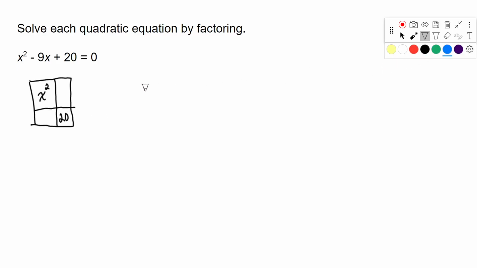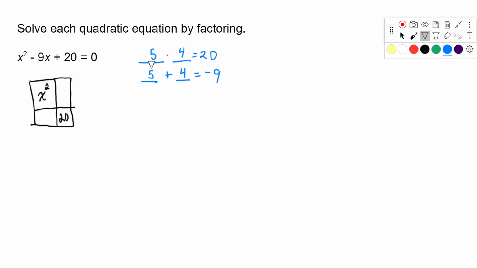What I want to look for are the factors of 20 that are going to add to give me negative 9. Now I know that 5 times 4 multiplies to give me 20, and 5 plus 4 adds to give me a positive 9.